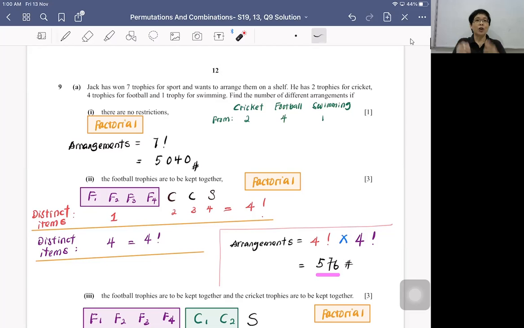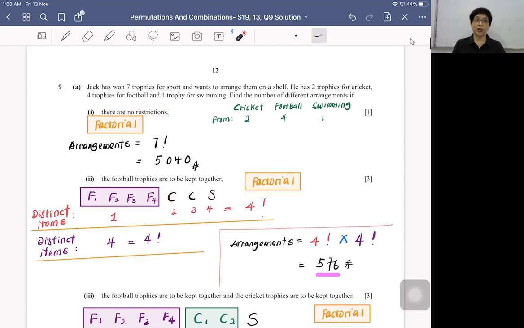In other words, Jack just needs a shelf big enough and with enough space, because he has the liberty to display all of his 7 trophies at one go. Therefore, out of the 3 tools, we will go for factorial.